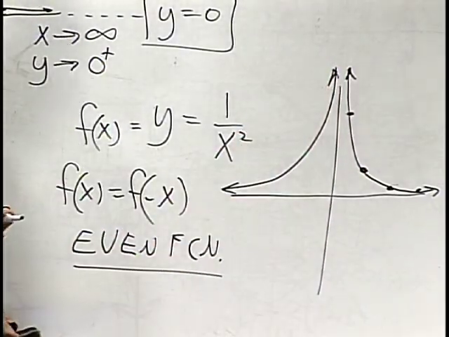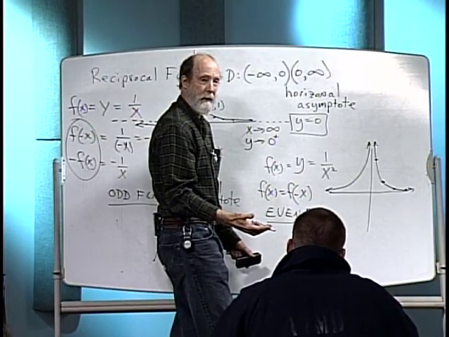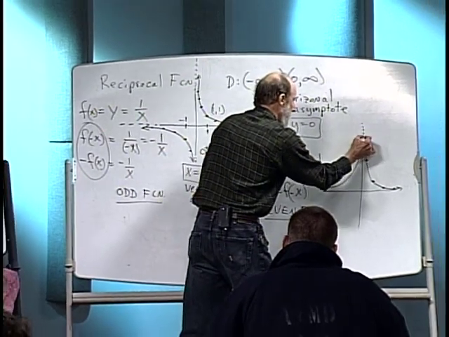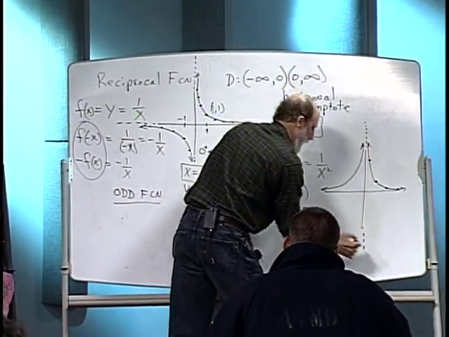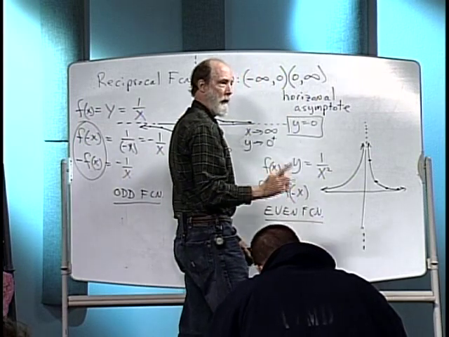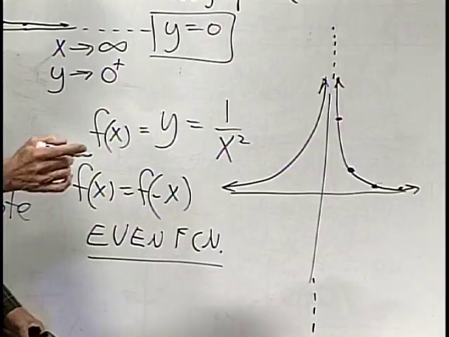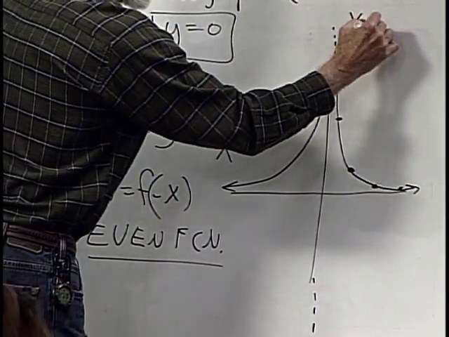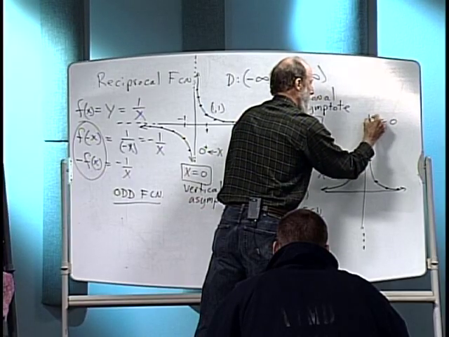Do you notice asymptotes here? There is a vertical asymptote, and you want to make sure you dot that on there. And then what are you going to write down? Somewhere near it, you write down x equals 0, a complete sentence.